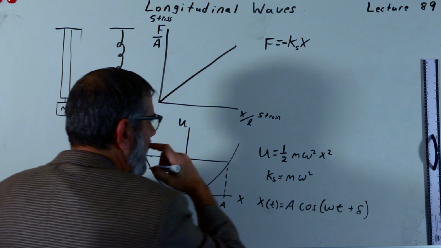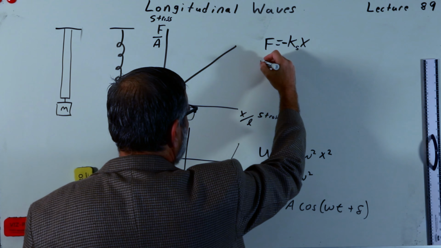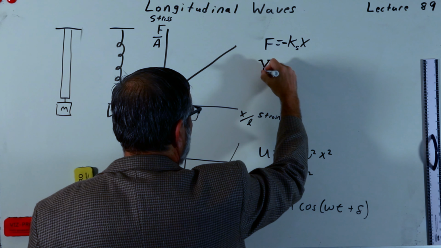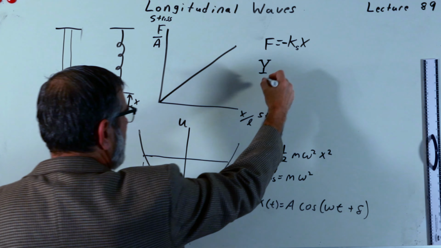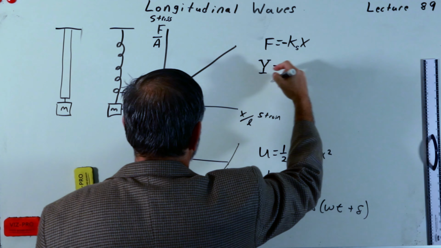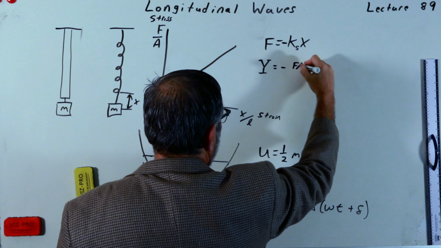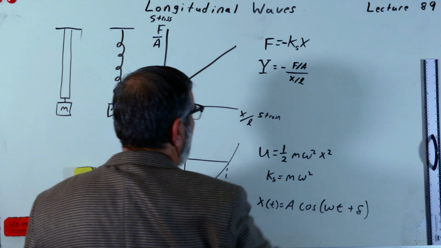The ratio of the stress divided by the strain is called the Young's modulus. So the Young's modulus, which I write as a capital Y, is equal to minus the stress, which is force divided by area, divided by the strain, which is x divided by L.